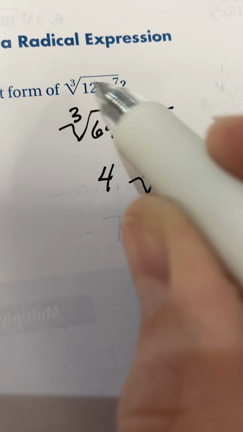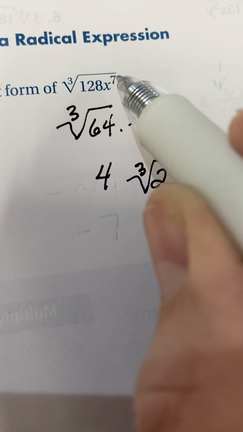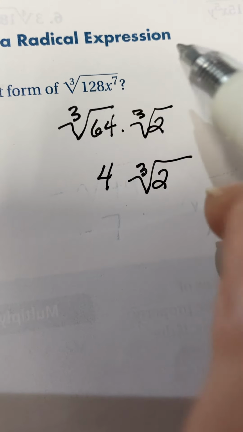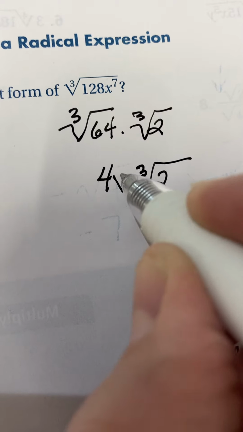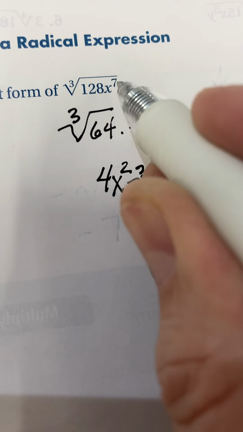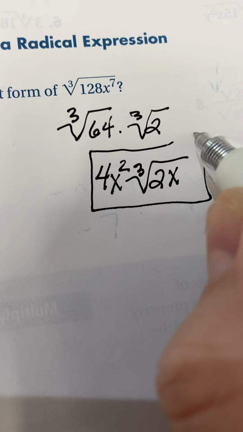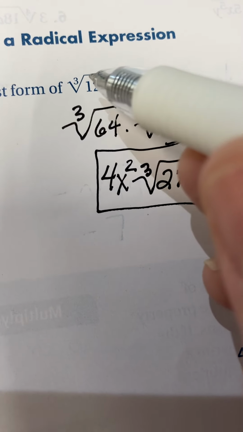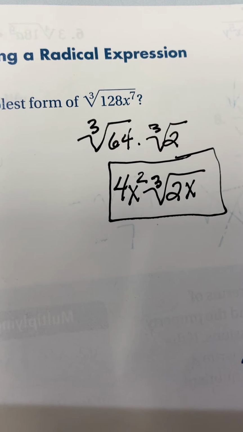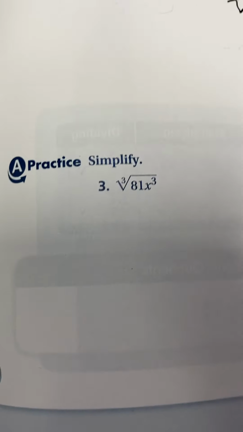Then I'm going to worry about these x's. Well, how many times does 3 go into 7 evenly? You divide it in. Well, it goes in there twice, so I'm going to get x squared out here. And I have 1 remaining, and that remaining 1 stays underneath. So there are my finished answers. And I don't have to worry about any absolute values because that was to the 3rd power. So that is your finished answer.